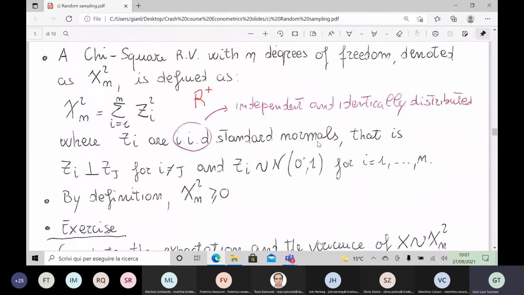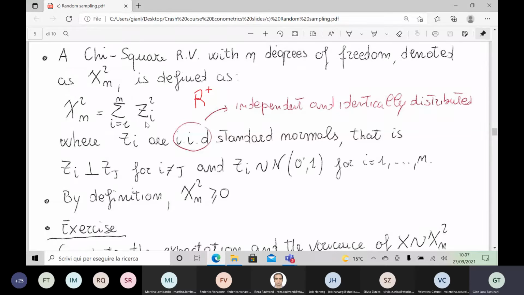What does this mean in symbols, using mathematical notation? This means that zeta i is independent with respect to zeta j, for i different from j. What does this mean? Zeta 1 independent from zeta 2, zeta 2 independent from zeta 3, zeta 1 independent from zeta 3. So when this index and this index are different, then you have independent random variables.